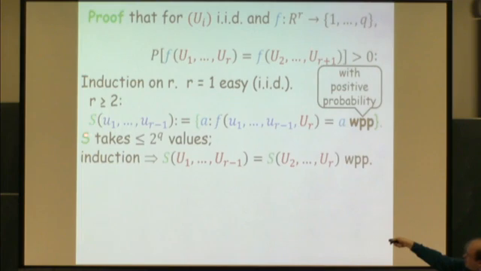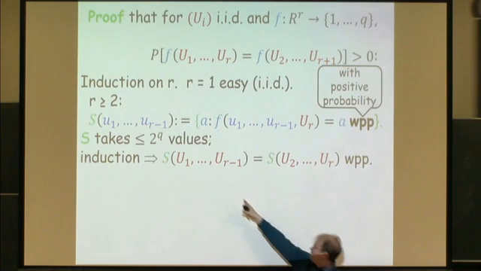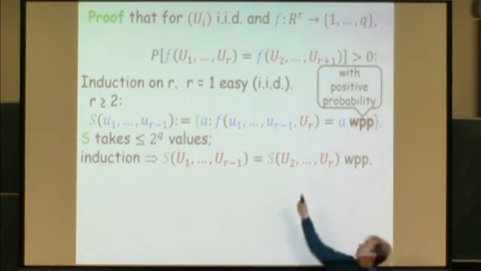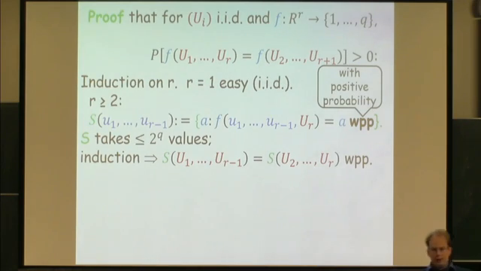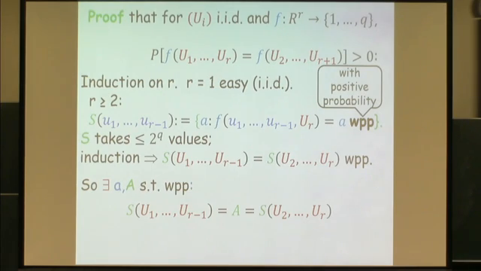Okay, so that is a set-valued function, so it takes at most 2 to the q values, because it's a set of the numbers 1 up to q. And it's a function of r minus 1 things. So I apply the induction hypothesis to that set-valued function. So it says that with positive probability, s of u1 up to u r minus 1 equals s of u2 up to ur. Okay, so far so good. That's the inductive hypothesis. So now, in particular, that means with positive probability, you can find a specific deterministic set A, such that with positive probability they're both equal to that.